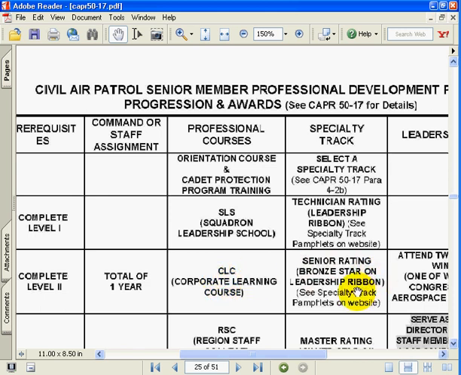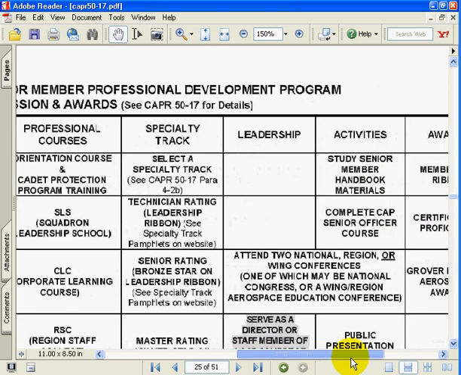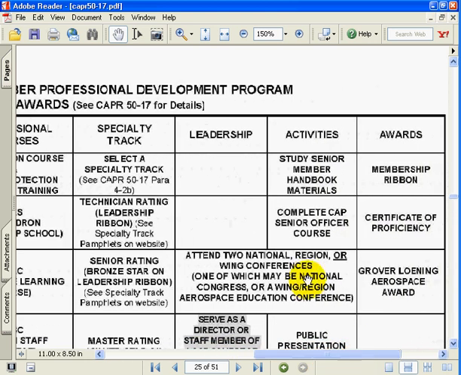Specialty track. They want to keep you pursuing your specialty, how to keep improving in Civil Air Patrol. So once again, it's just a little more in depth, and you should be working on this by yourself. Attend 2 national, region, or wing conferences.